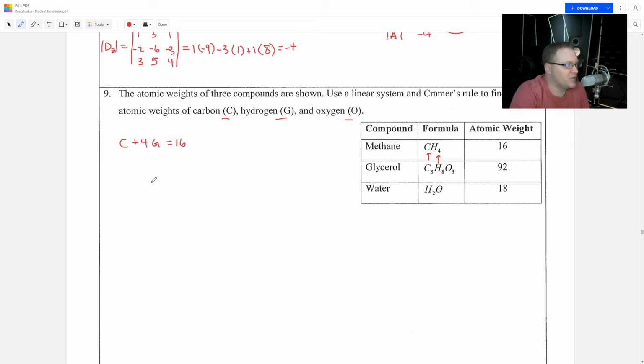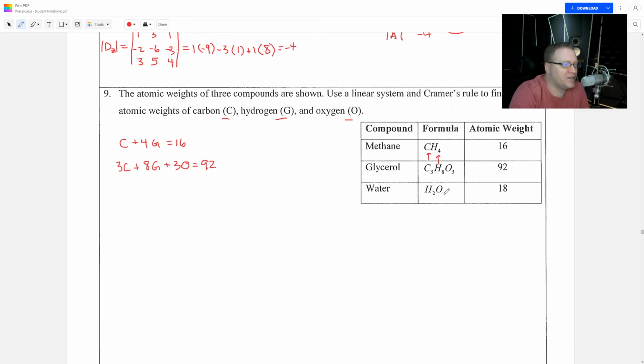Then let's look at this one. We have 3 C's plus 8G plus 3 O's. I'm going to try and make this look like an O, not a 0, it's an O. So 3C plus 8G plus 3O is going to equal 92.